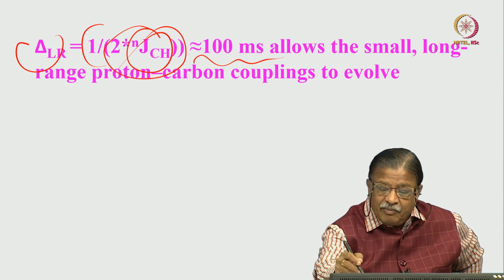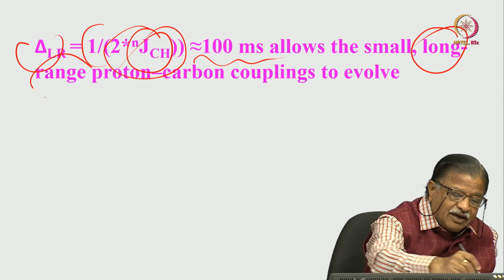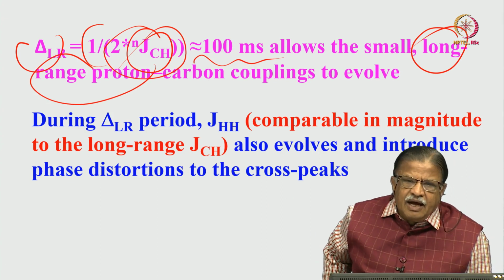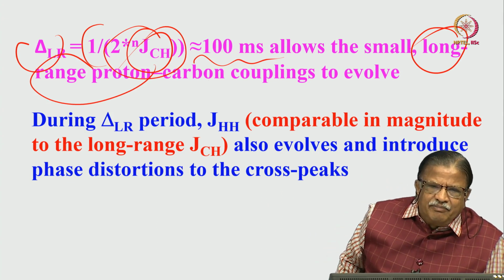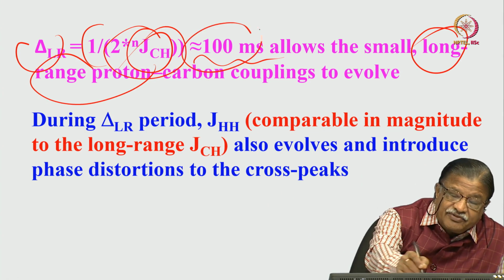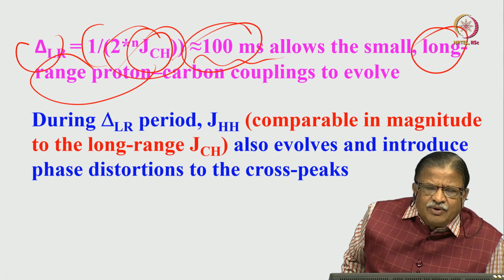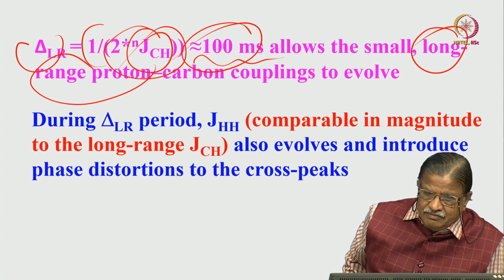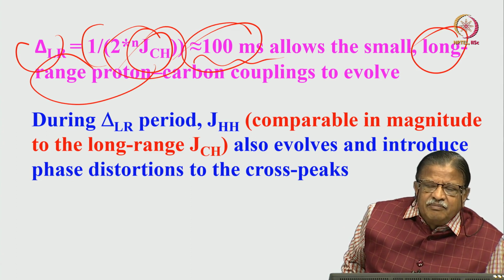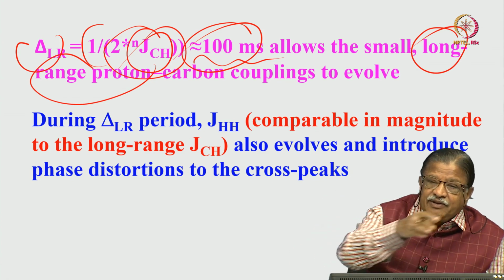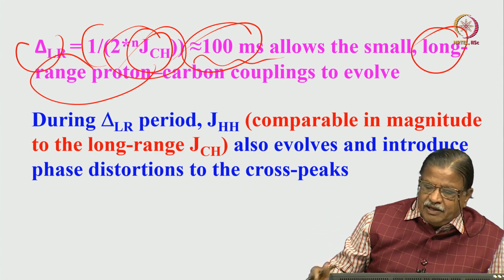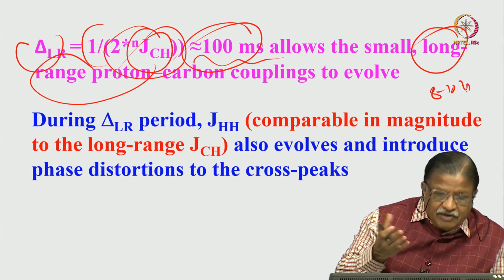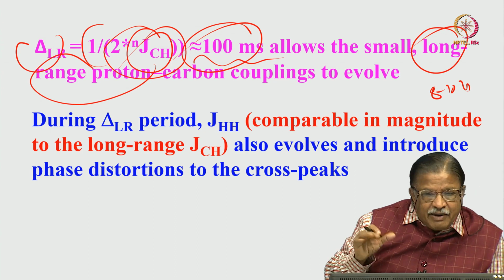Then the magnetization, the spins due to long range coupling, will start evolving. And during the LR period, because it is a huge value, remember 100 millisecond, what is going to happen? There are also proton-proton couplings in the molecule that will also evolve, because the strength of the proton-proton coupling is almost equal to that of the long range coupling. Long range JCH is about 8 to 10 hertz. What is the proton-proton coupling? Around 10 to 15 hertz, we saw, similar magnitude.